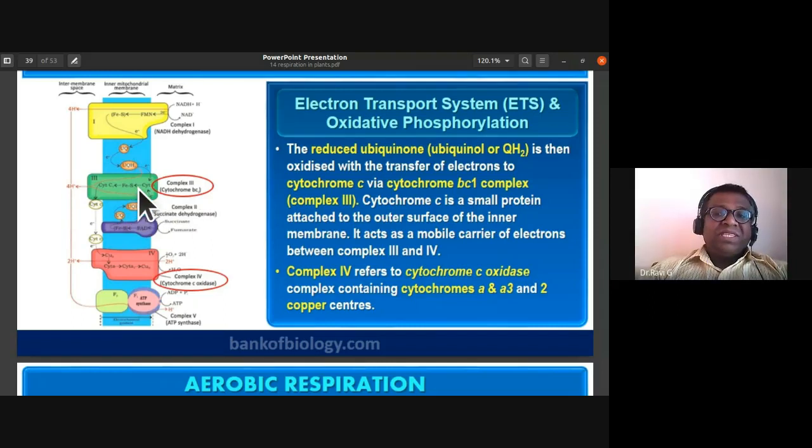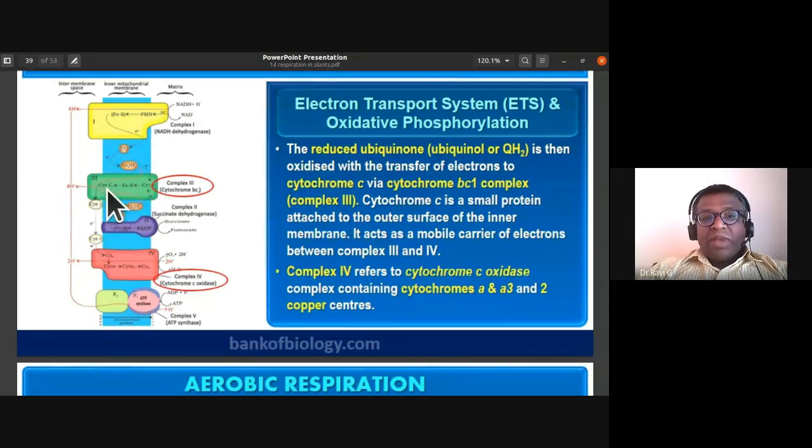The cytochrome C is a small protein attached to the outer surface of the inner membrane. It acts as a mobile carrier of electrons between complex 3 and complex 4.